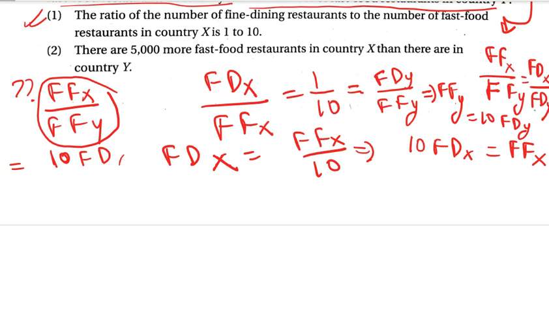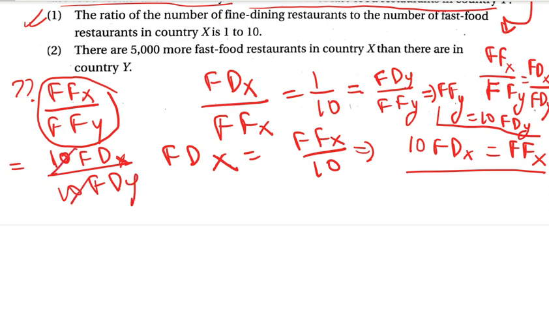So FF of X is equal to 10 FD of X, and FF of Y is equal to 10 FD of Y. So the 10 got cancelled out.